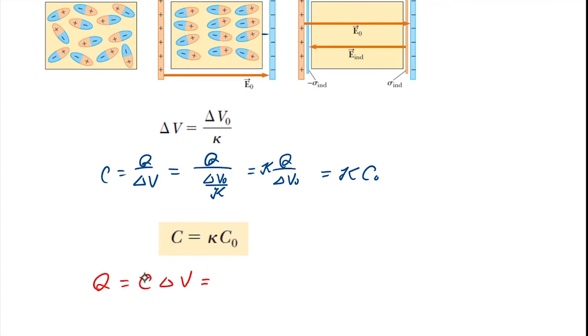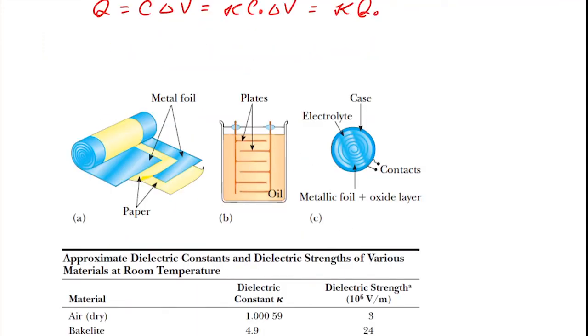So this is the same as kappa C naught delta V, isn't it? Because of this. And then that is kappa, and this whole thing was the original amount of Q. You get it? So whatever you could have put in before, now you multiply that by kappa.